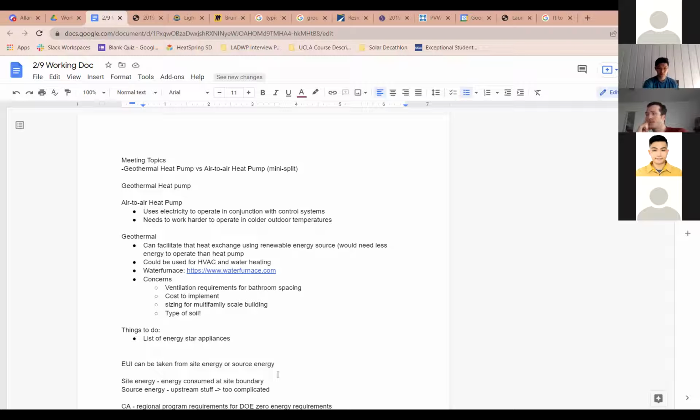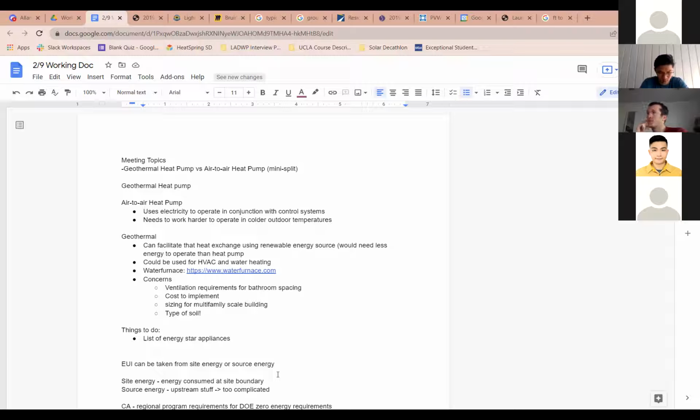But based on the heating and cooling loads that our building requires, I'm going to be able to get an idea of what size of system we're going to want to use. Additionally, heat that is normally wasted in the heat pump process can be used in conjunction with a water heater, if you find the right models.